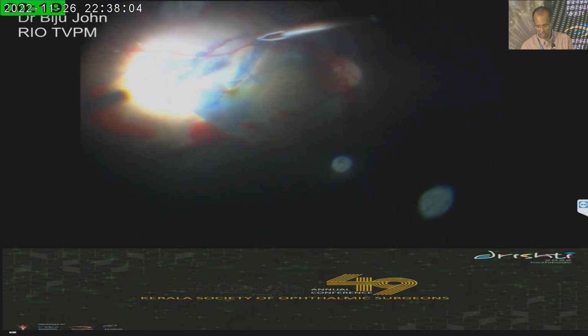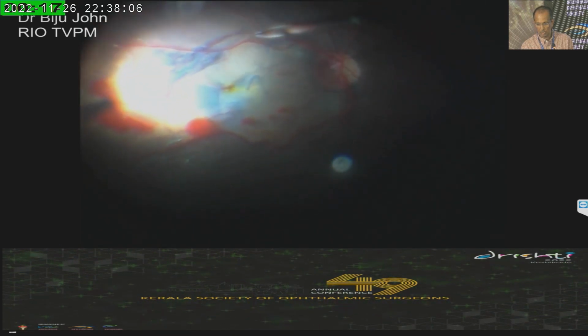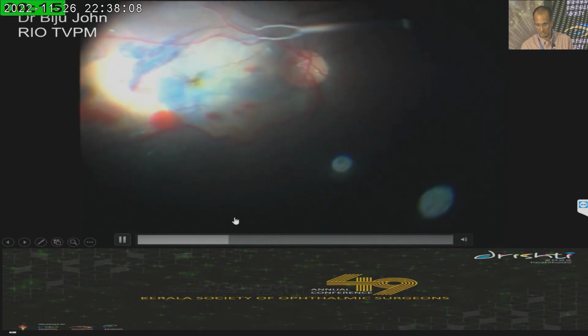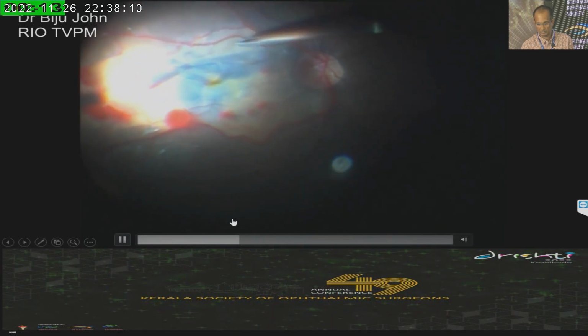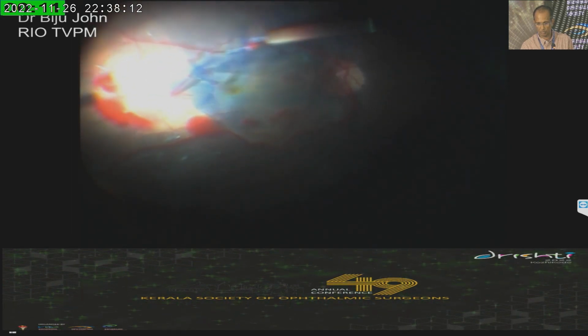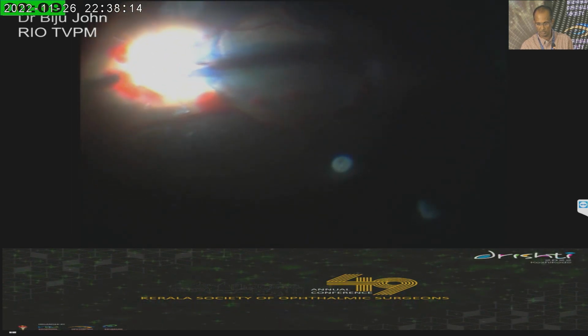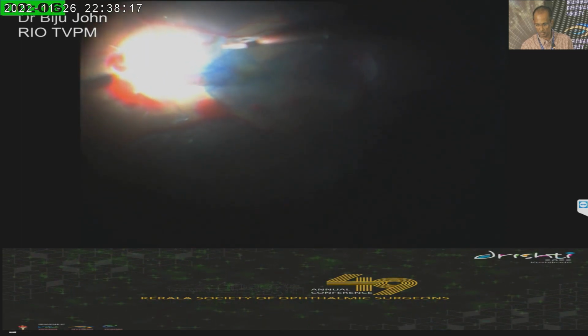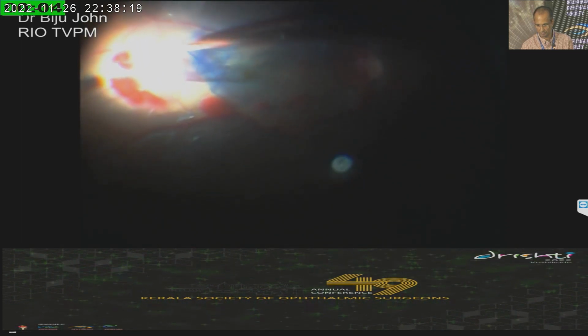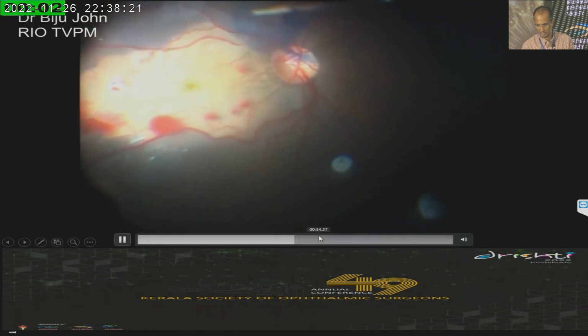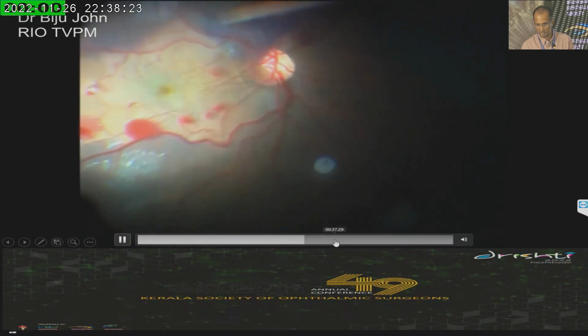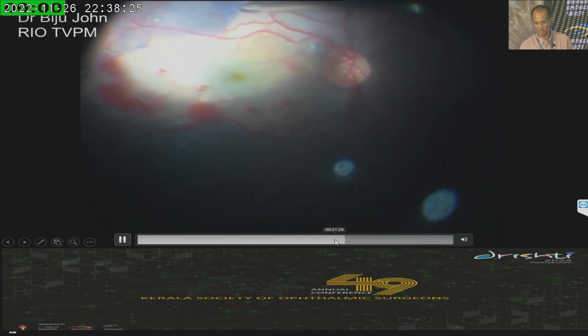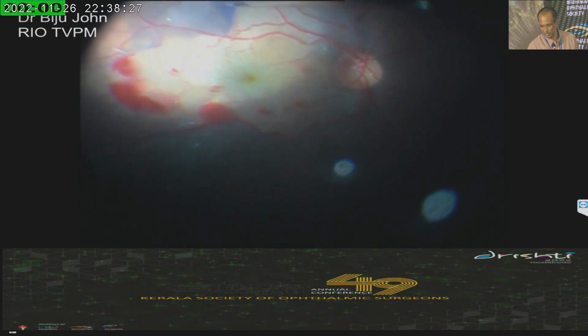So it's almost complete. That is the ILM being taken off, and that membrane just finishing.